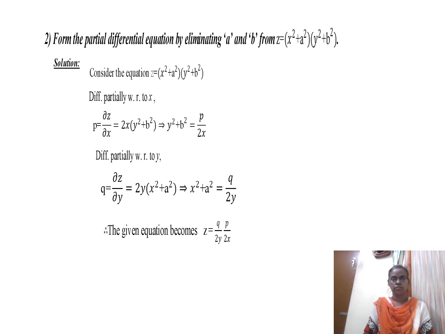In that place, we can put p by 2x. So we have an equation. Now look at this equation. It has partial derivatives p and q, and it does not have the constants a and b. That is, we have eliminated the constants. So we have just taking an LCM and moving to the other side, pq equal to 4xyz, which is the required PDE.